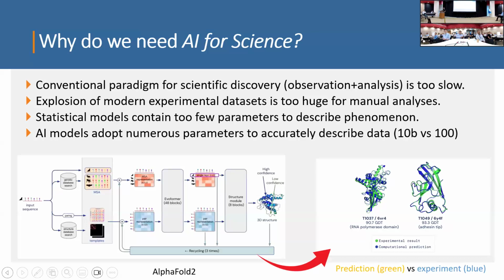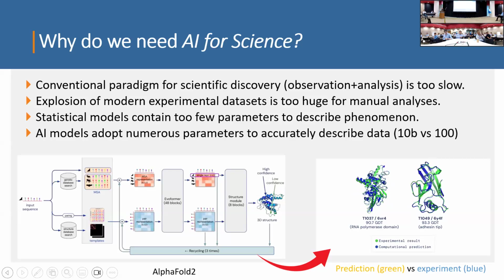So why do we need AI for science? I think this is actually not a question, because for many years the traditional paradigm for scientific discovery has been based on experimental observation and analytical analysis. But with the very quick explosion of experimental data sets, it's now probably too big for manual analysis.